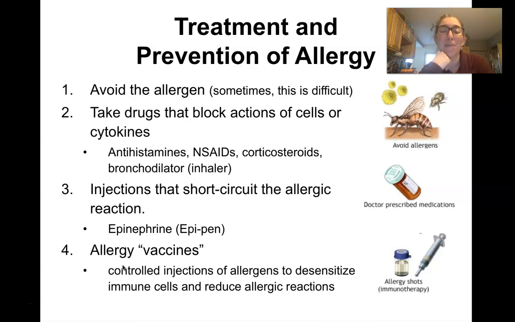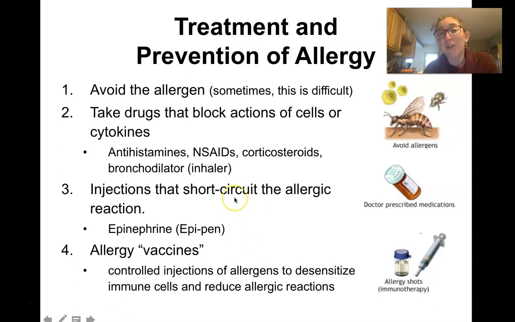So someone with a deadly peanut allergy, by giving them really tiny doses of peanut over and over in increasing amounts, you can actually get rid of that allergy. It's based on the fact that some people naturally outgrow allergies. Their body just stops recognizing it as foreign. So it's a way of training the body to see that allergen as normal.